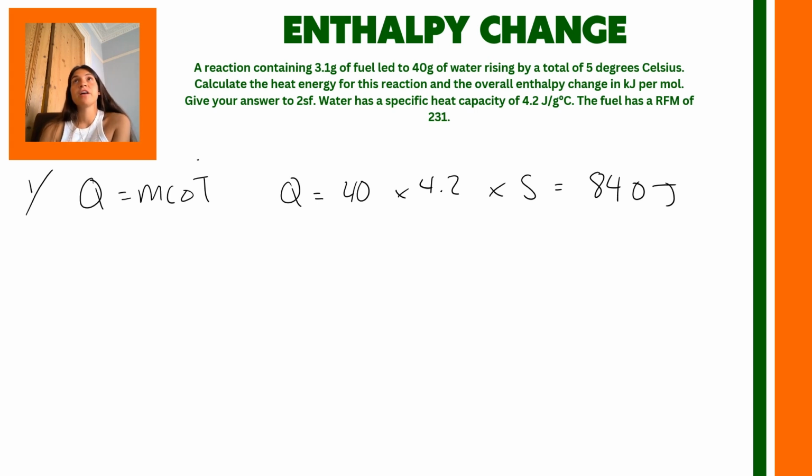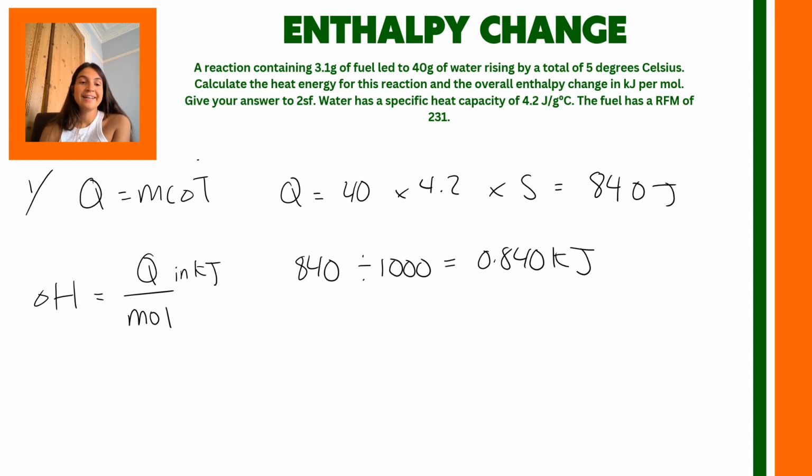It might have given us a final and an initial temperature, and we'd have to find that change in temperature ourselves. 840 joules. Enthalpy change then is that heat in kilojoules divided by number of moles.